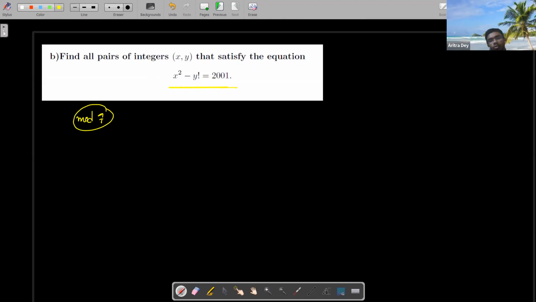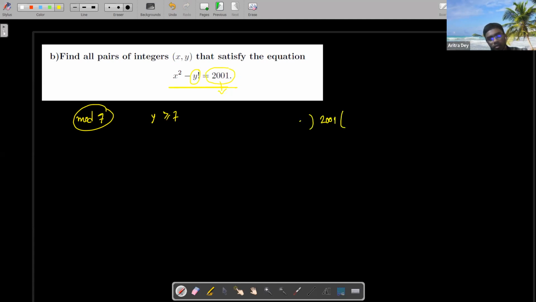If you assume that y is greater than or equal to 7, then the motivation for taking 7 is from factorizing 2001.